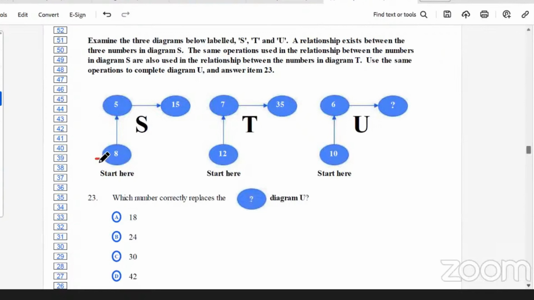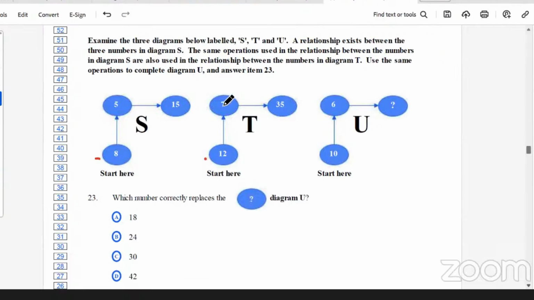Okay, so from 8 to 5, we subtracted 3, and then to get to 15, we would have multiplied by 3. So we subtract 3, and then we multiply by that same number, 3. Let's see if that holds true for the second set. If we start at 12, we subtract 5.